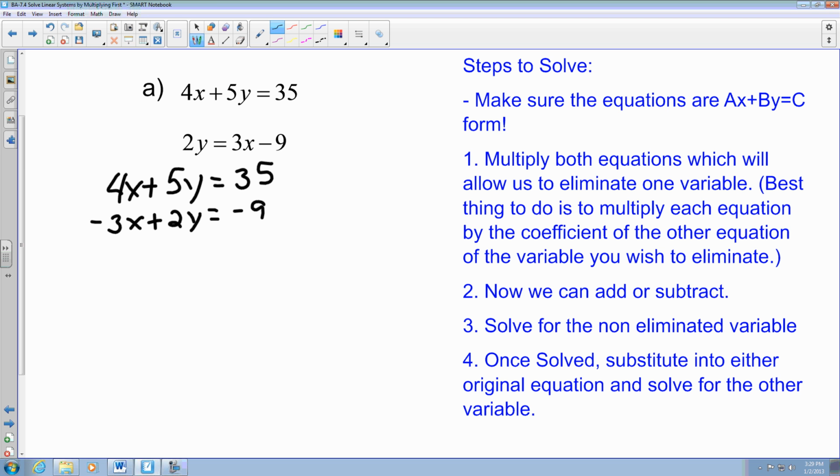So there's no value for 3 to multiply that'll get me 4, and there's no integer for 2 that'll get me to 5. And if you look here in the parentheses, sorry if I smudged the writing, what it says is the best thing to do is to multiply each equation by the coefficient of the other equation of the variable you wish to eliminate.